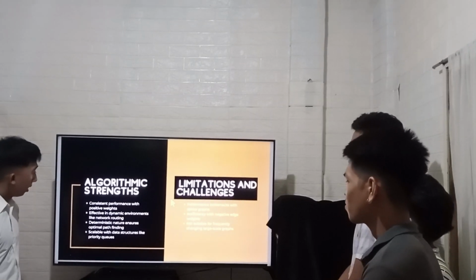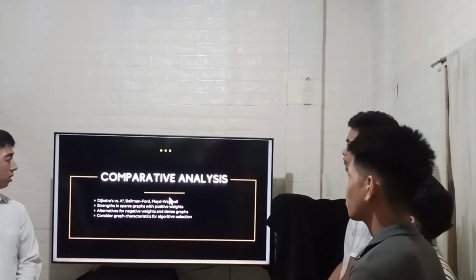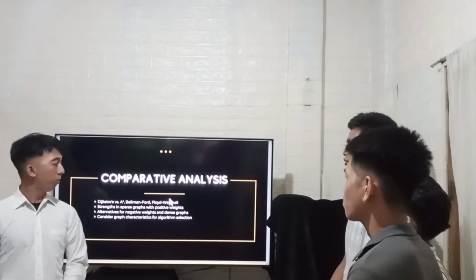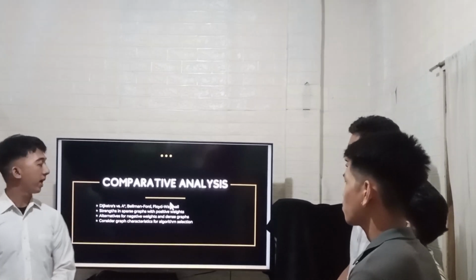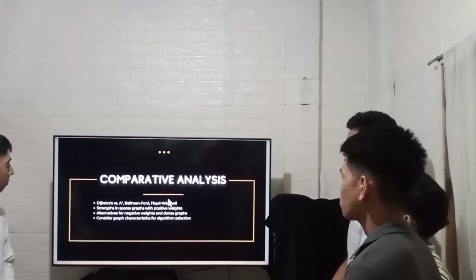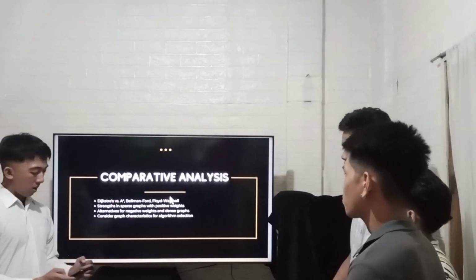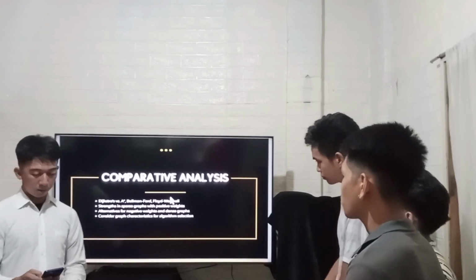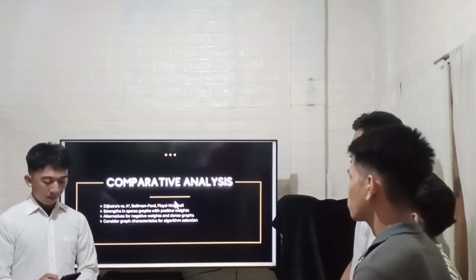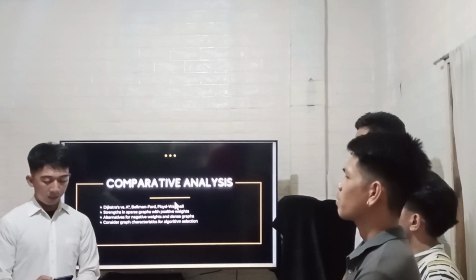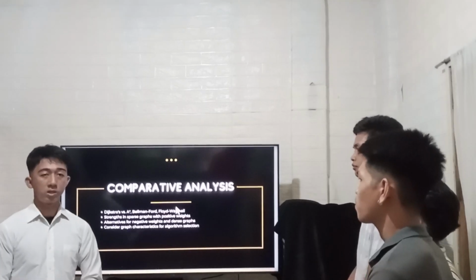So let's go on to the comparative analysis. We compare Dijkstra's algorithm to other existing algorithms, like A asterisk, Bellman-Ford, and Floyd-Warshall. As we compare these, we conclude that this algorithm is excellent for sparse graphs with positive weights.